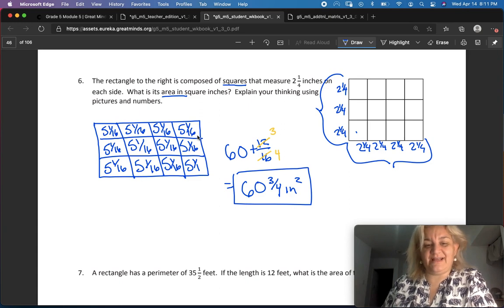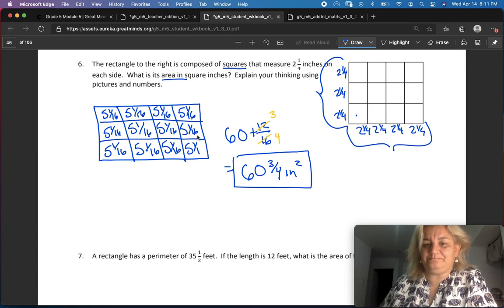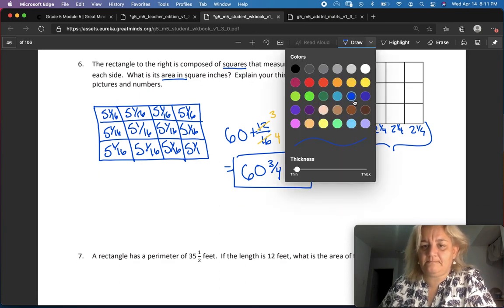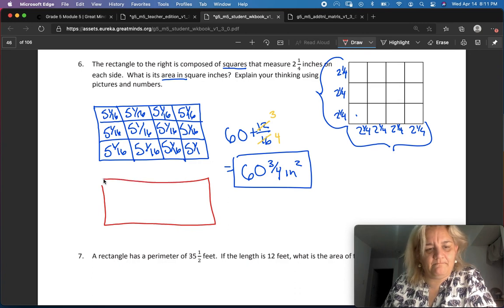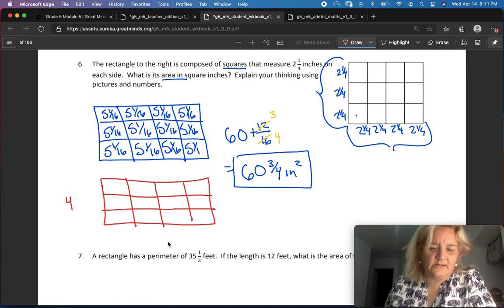Now, let's try another way, and I'm going to change colors. And I've got 4 on this side and 3 on this side. So 4, I'm sorry, I just did that wrong.